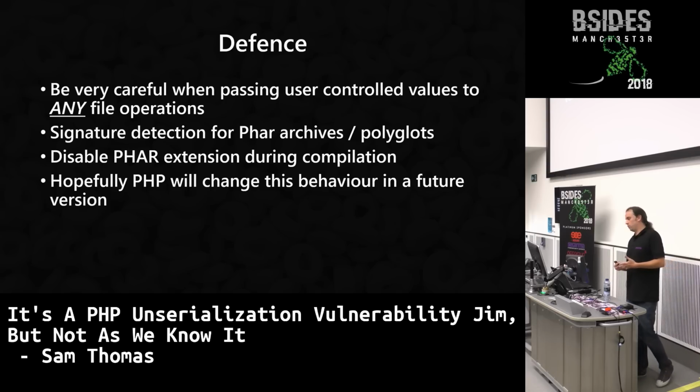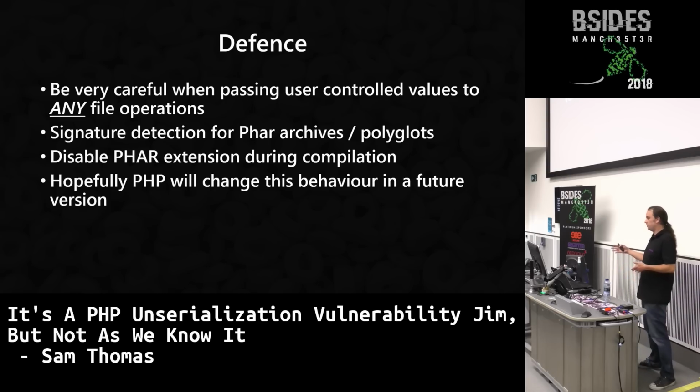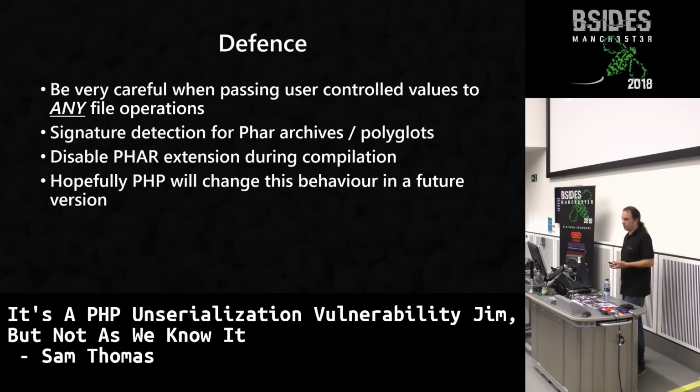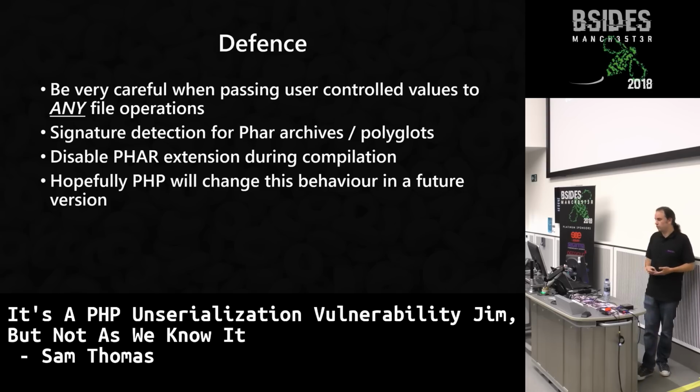It doesn't seem possible to disable the behavior of that stream wrapper from the command line or php.ini, but you could potentially disable it during compilation. I spoke to PHP about the issue a couple of months ago. I haven't heard back, but hopefully in the long term they will address this issue.